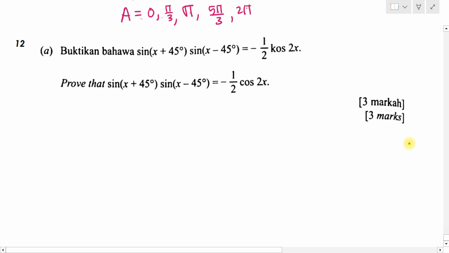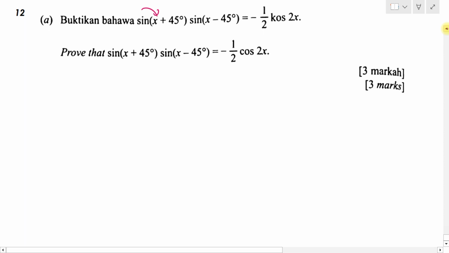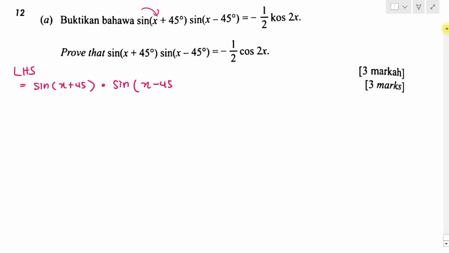Of course, I want to start from here because I can use my compound angle formula. Okay, let's start. I'm starting from the left hand side. Sin x plus 45 degrees multiply sin x minus 45 degrees. They wrote it side by side, which means multiply. So we need to expand. It will become sin cos and cos sin.